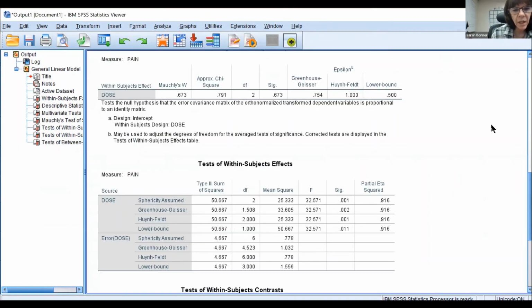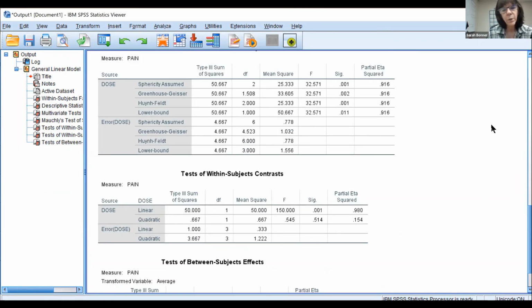Actually, there's one more thing I want you to note in this output, which is I said that we were not going to ask for post hocs, and that's because the post hoc that is often of the most interest is provided by SPSS by default, which is whether there's a trend.